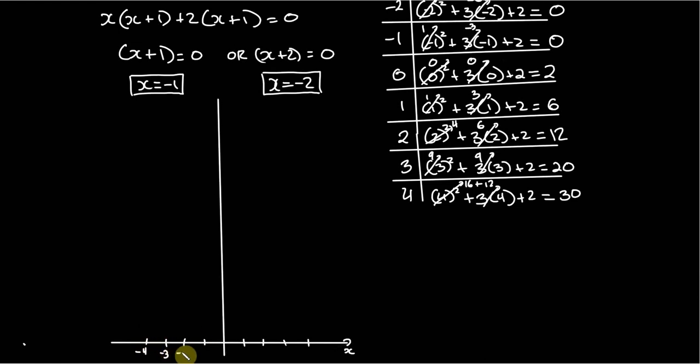Negative 3, negative 2, negative 1, and that's 1, 2, 3, 4. It's going up to 30, so I'll do multiples of 2 for the y-axis. Hopefully it all fits: 2, 4, 6, up to 30.